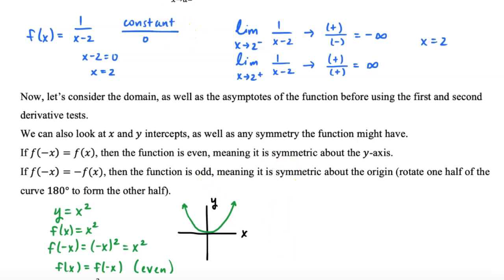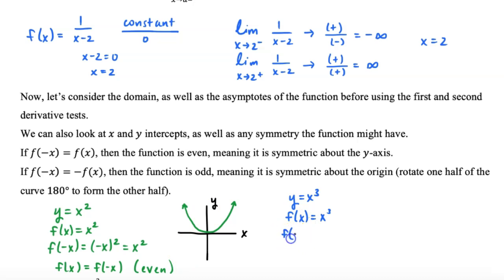Okay, what about an odd function? So an example of this would be y equals x cubed. Now I can write this as f of x equals x cubed. If f of negative x is equal to negative f of x, then the function is odd. So let's plug in negative x for x.